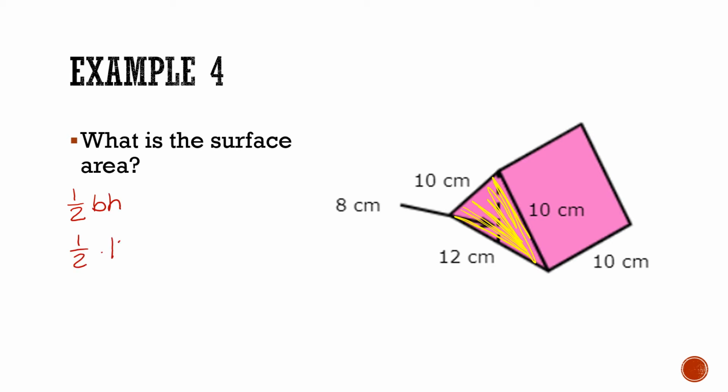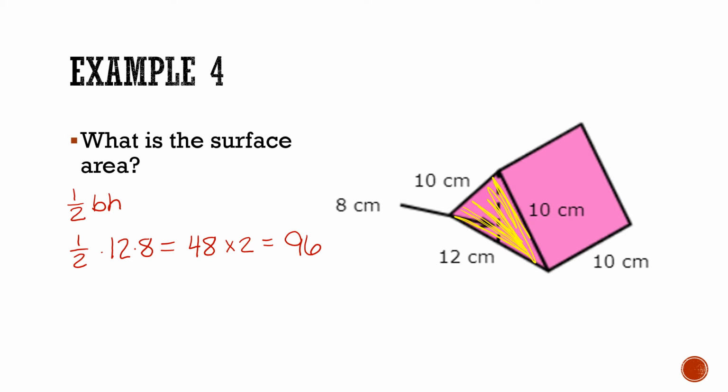So the base is 12 and the height is 8. So 1/2 times 12 is 6, and 6 times 8 is 48. And again, if it's 48 on that one end, then it's also 48 on the other end. So we're going to multiply it by 2, the other triangle on the other end, which gives us 96.